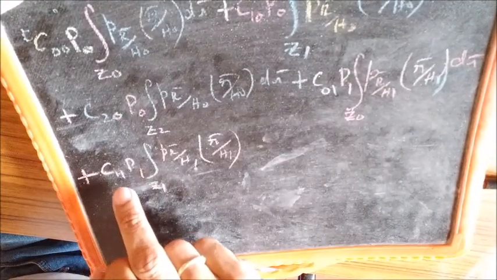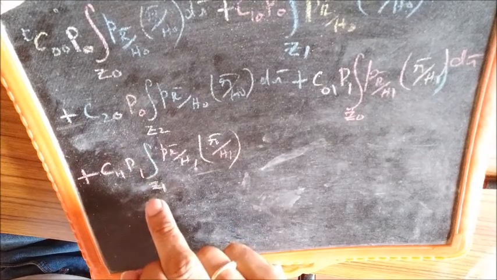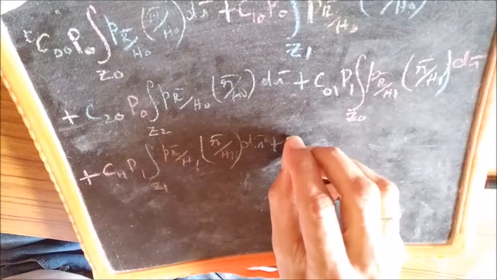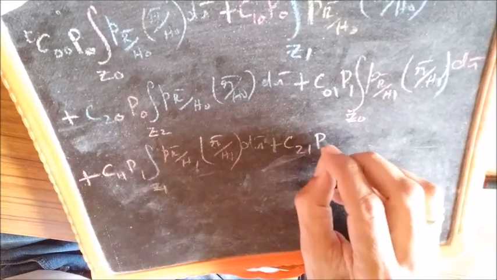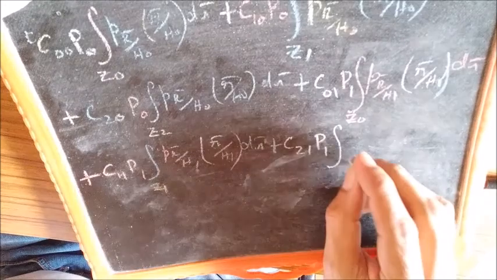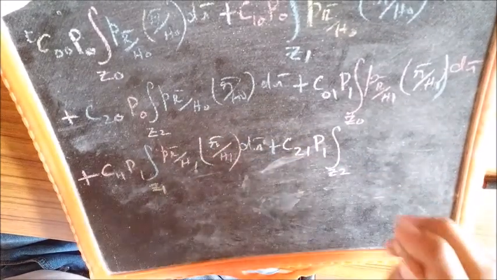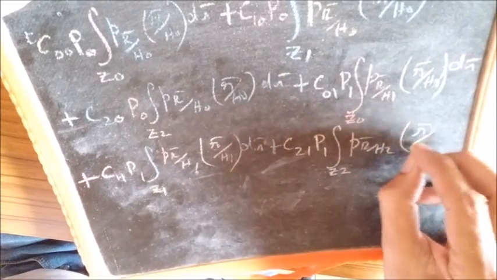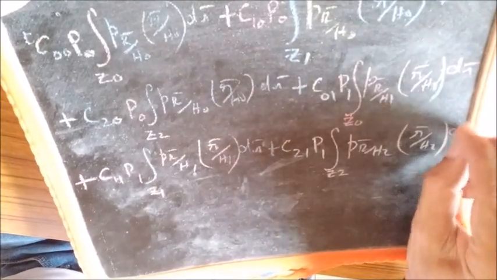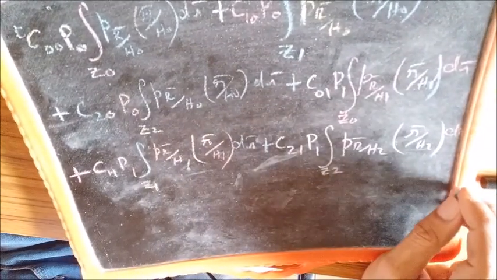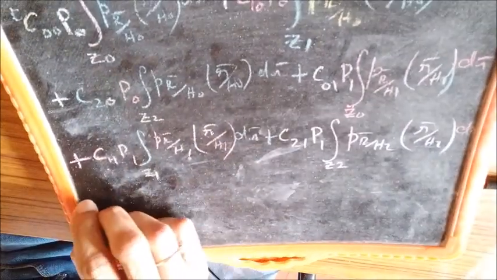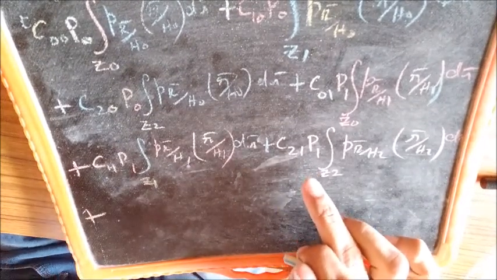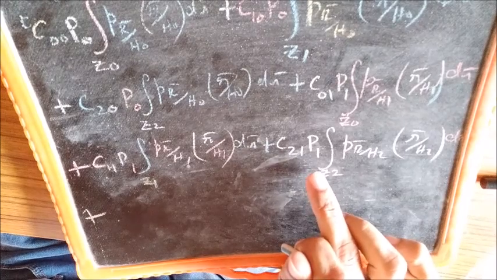And continuing here, C11 P1 integration over Z1 PR H1 plus C21 P1 again integration over Z2 PR H2 R H2 dr, and then so this completes the summation of the expansion of j from 0 to 2 for I is equal to 1.